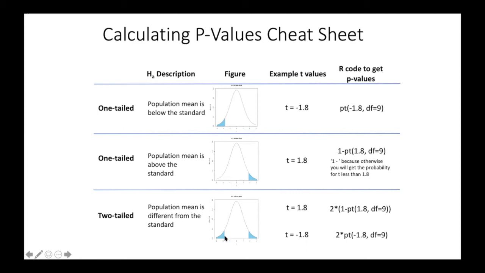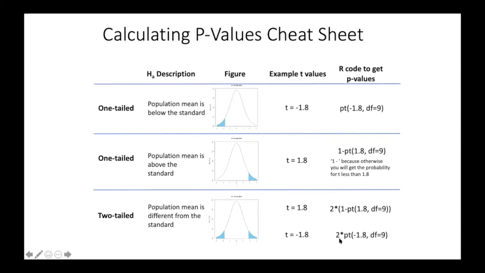In this case, we want to know the area to the left of -1.8 plus the area to the right of +1.8. So the pt command with a test statistic of -1.8 will by default give us this area to the left. And because the t distribution is symmetrical, we can multiply that by 2 to get our two-tailed p-value.